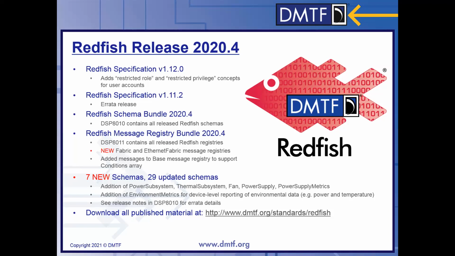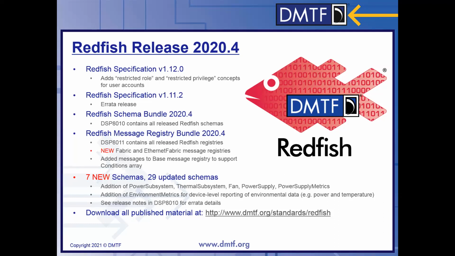The main item for really any of our release cycles is the Redfish schema bundle, and so that had been revised to version 2020.4. That schema bundle is delivered as a zip file that can be downloaded, under the file name DSP8010. This was revised and includes 7 new schemas, and we'll talk about those here today.